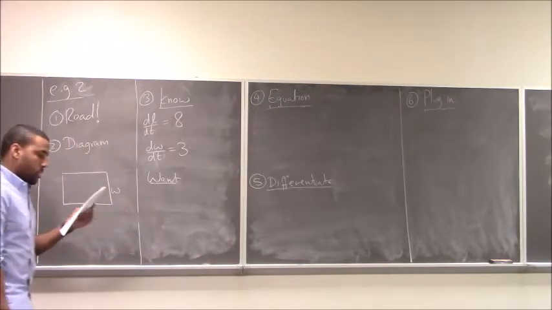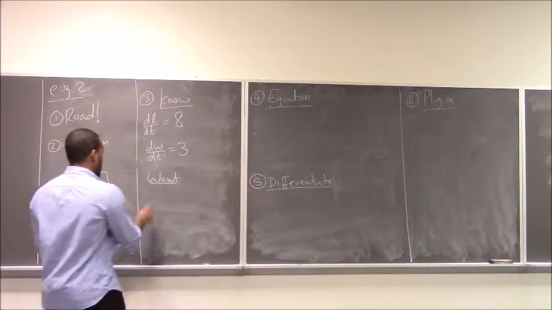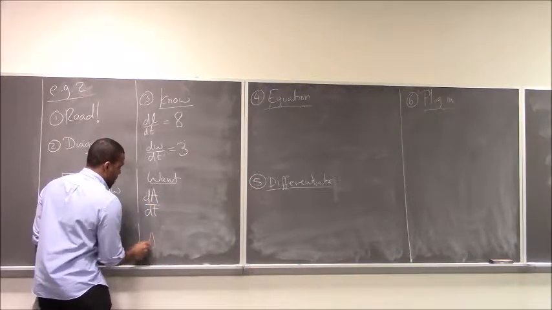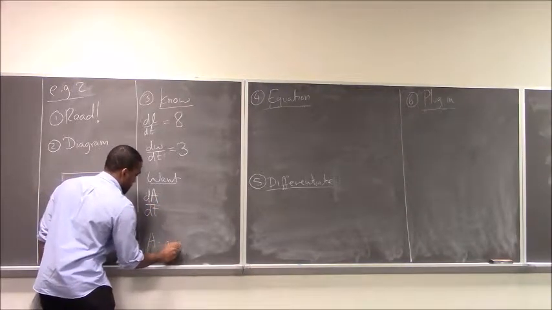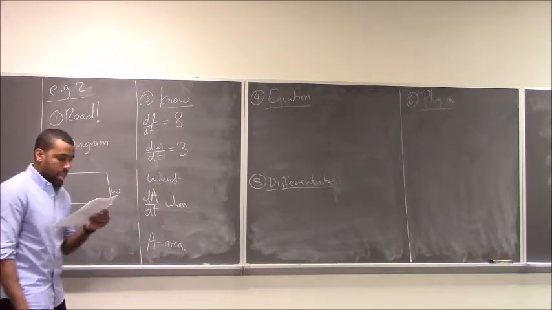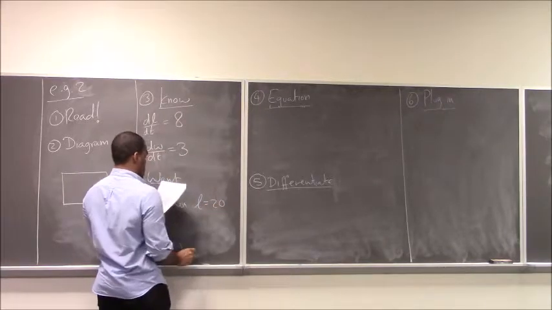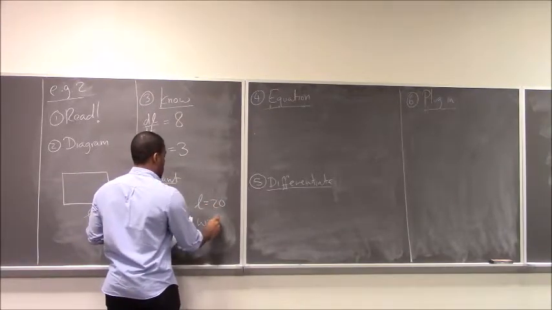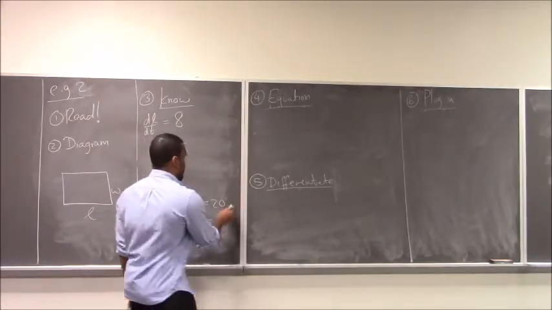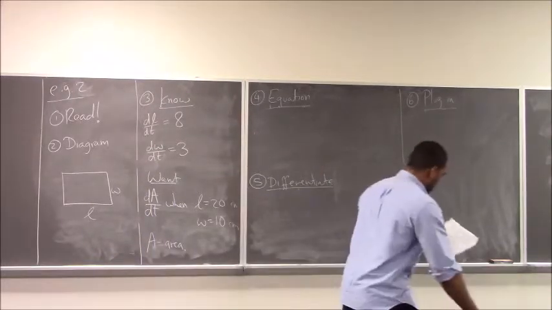Okay, so that's what I know so far. And we want to find how fast the area of the rectangle is increasing. So what we want is the rate of change of area, which I'm going to call A for area, dA/dt, at the instant when the length is 20 and the width is 10. Technically it's centimeters, but again, I don't particularly care about it.